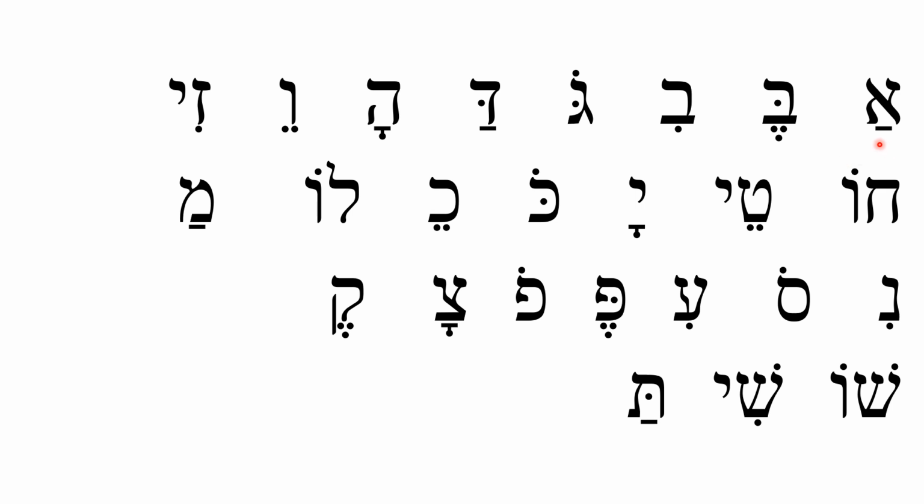All right, so just quickly going through the letters, we have A, Be, V, Go, Da, Ha, Ve, Z, Cho, Te, Ya, Ko, Che, Lo, Ma, Ni, So, I, Pe, Fo, Tsa, Ke, Sho, She, Ta.